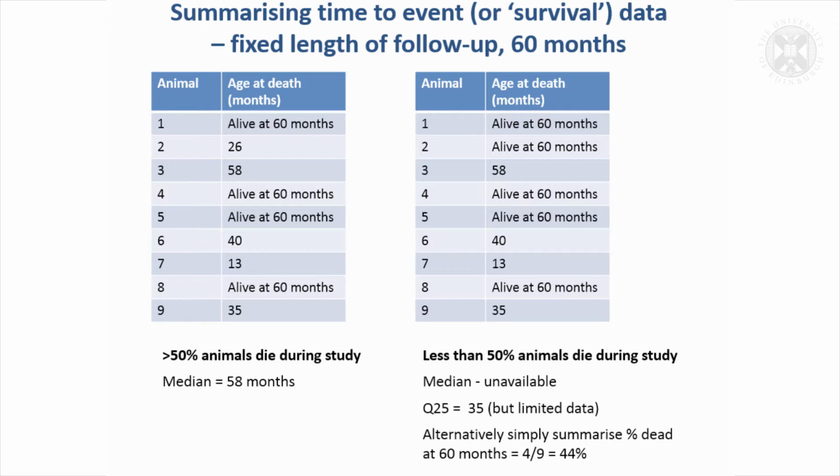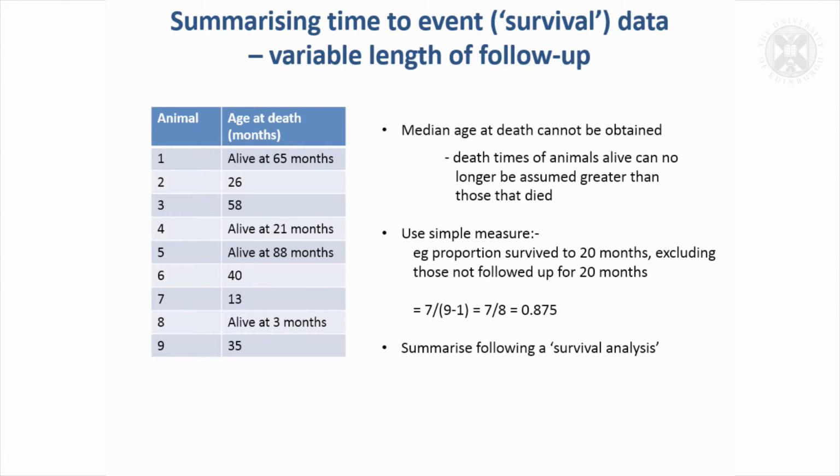So that was if you'd got a fixed length of follow-up. Things are even more difficult if your length of follow-up isn't fixed. So in this study, animals came in at different times, and then by the end of the study, the ones that were still alive had different lengths of follow-up. So this one, animal 8, was alive, but he'd only been in the study for 3 months, so there's very little information.